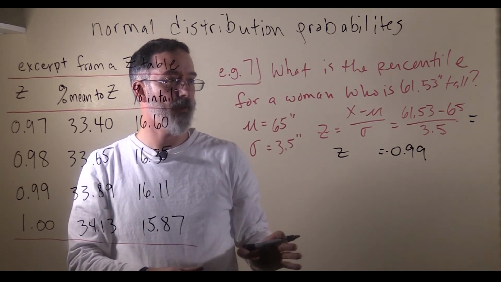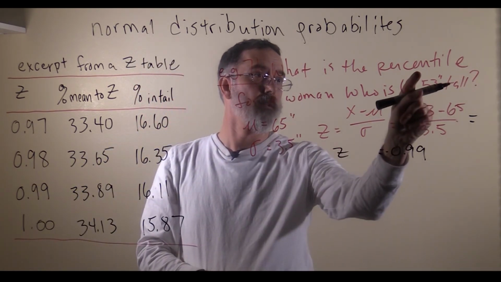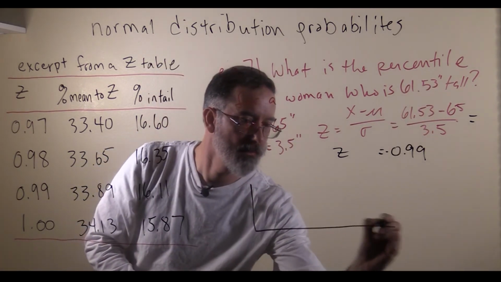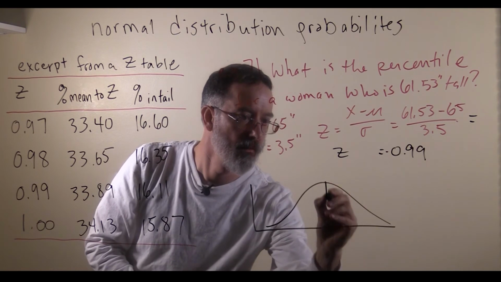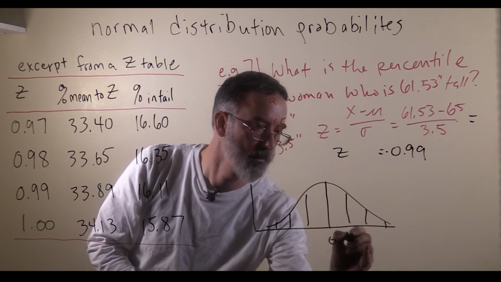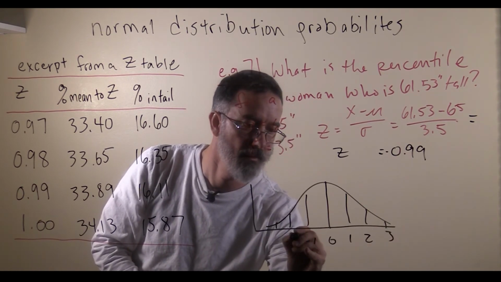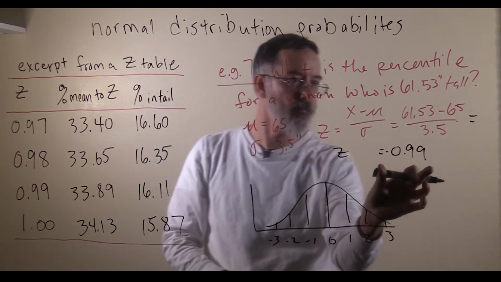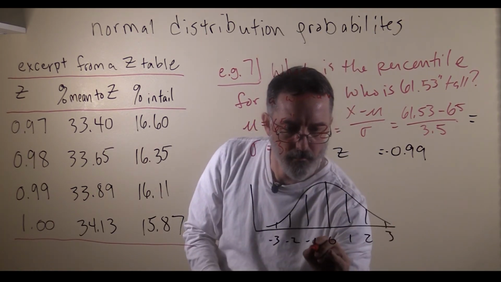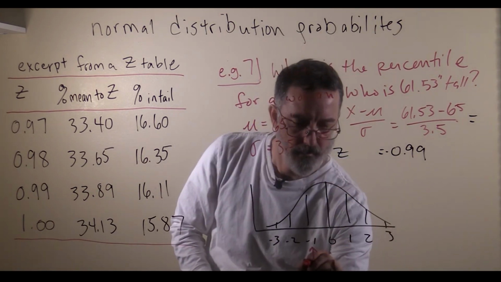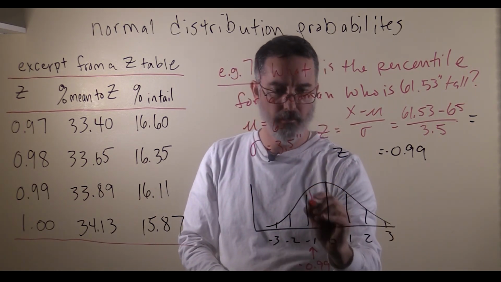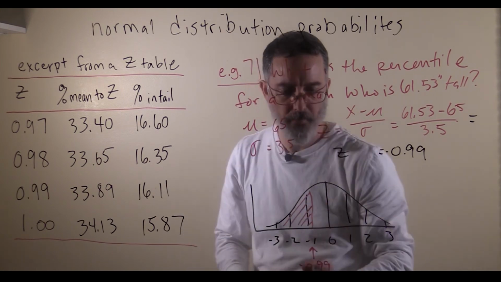So now we need to figure out what percentage of scores is below this z-score. So we'll draw our distribution: 0, 1, 2, 3, negative 1, negative 2, negative 3, and we're interested in negative 0.99. And it's a percentile, so all the scores that are below.